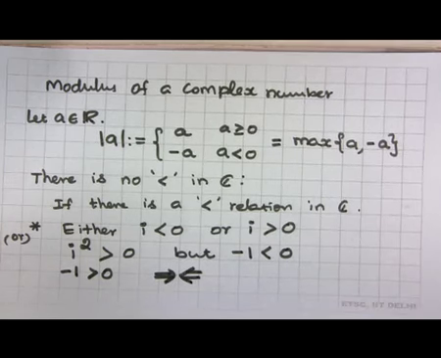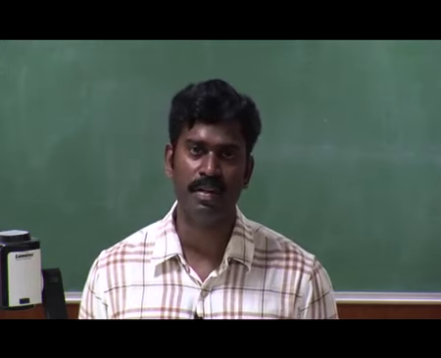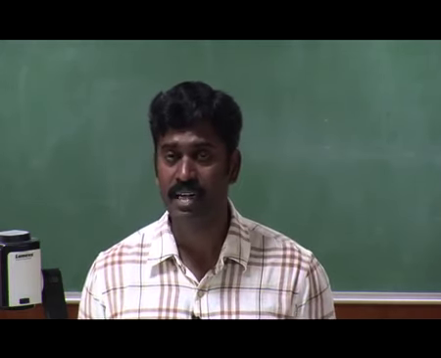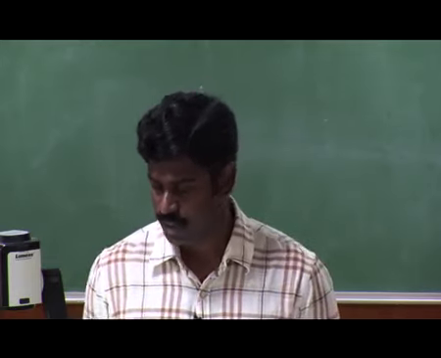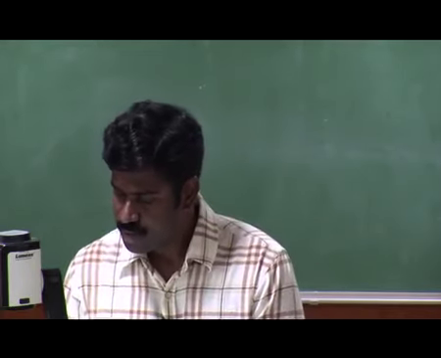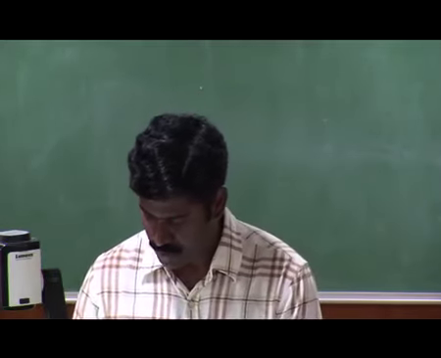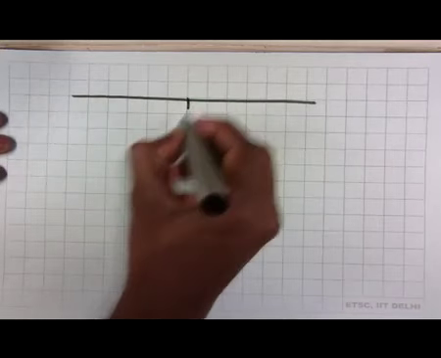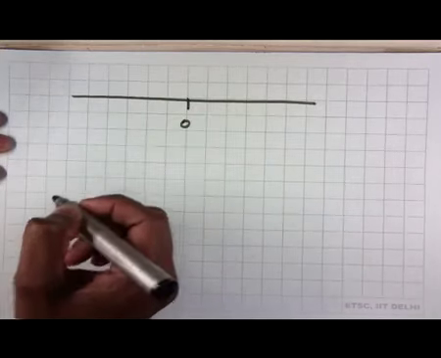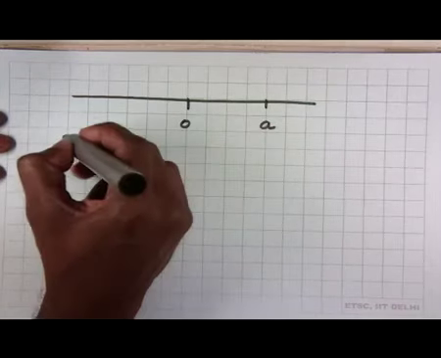So, what are we encountering? We are not able to define the modulus as usual like in the real line, but we can try to see what it physically represents. Then maybe we can associate modulus in a different sense. When we take a real line, a may be a positive number, may be a negative number.